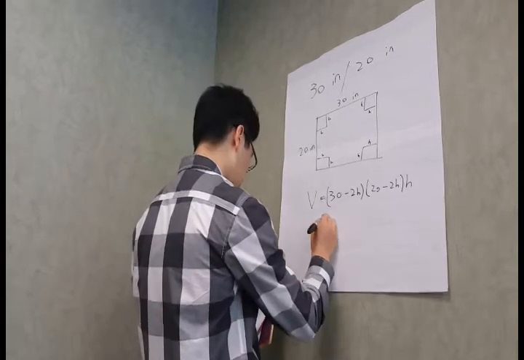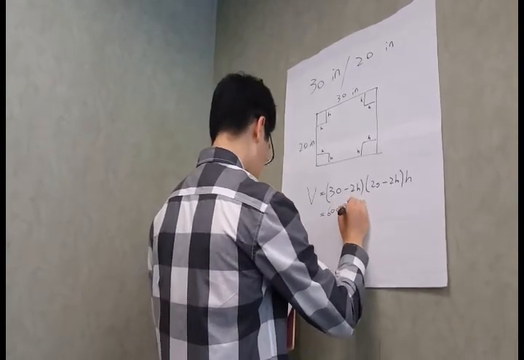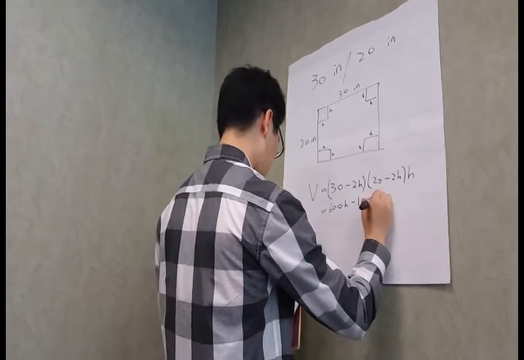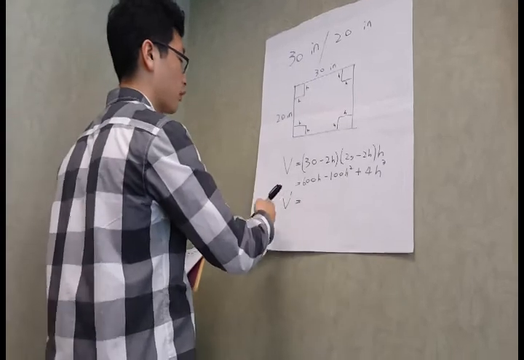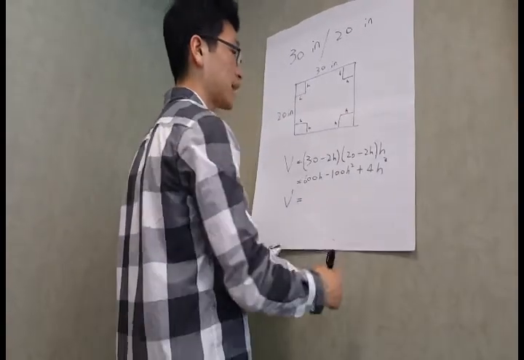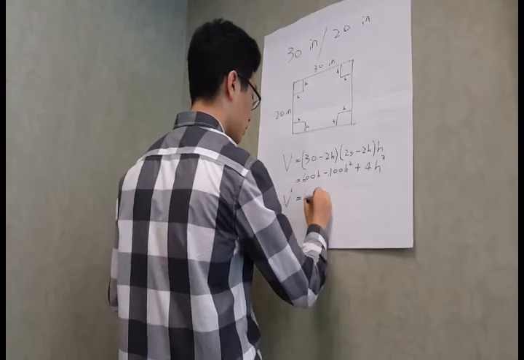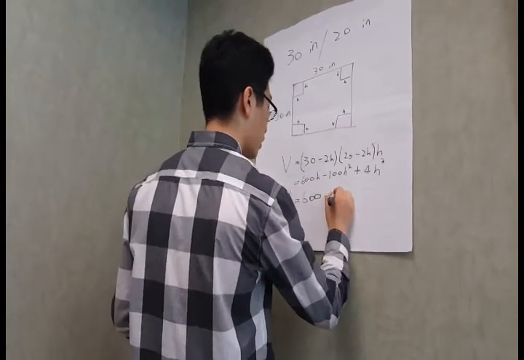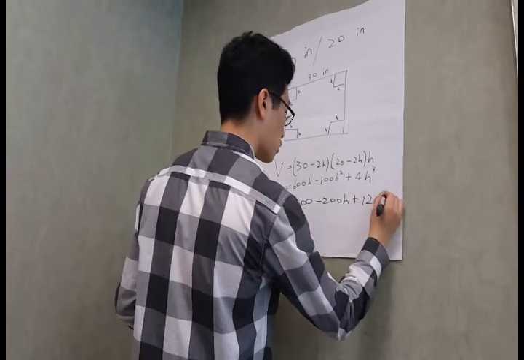Simplifying this expression gave us 600h minus 100h squared plus 4h cubed. Now that we found the expression for the volume, we need to find the local maximum of that expression. The V prime is equal to 600 minus 200h plus 12h squared.